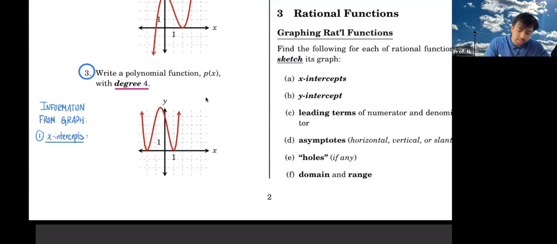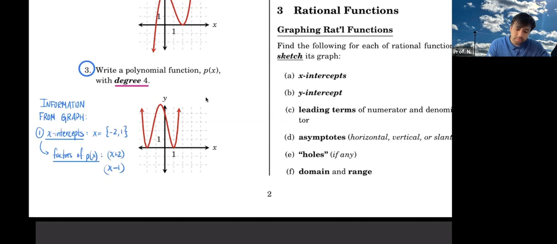So that's important, because once I have x equals -2 and 1 as the solutions, then I can figure out immediately what are called the factors. What are the factors of my polynomial? Remember this? So if x equals -2 is a root or a solution, then x plus 2 is a factor, and x minus 1 is another factor. Do you see that?